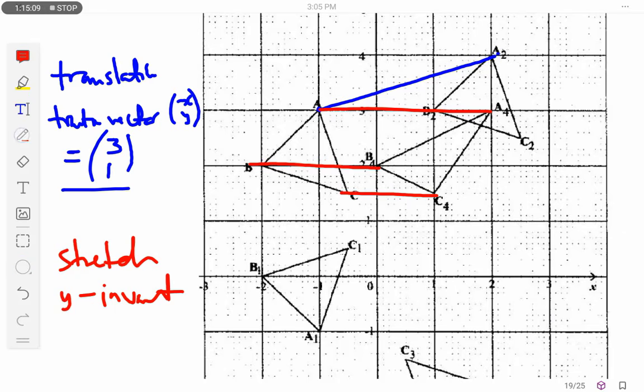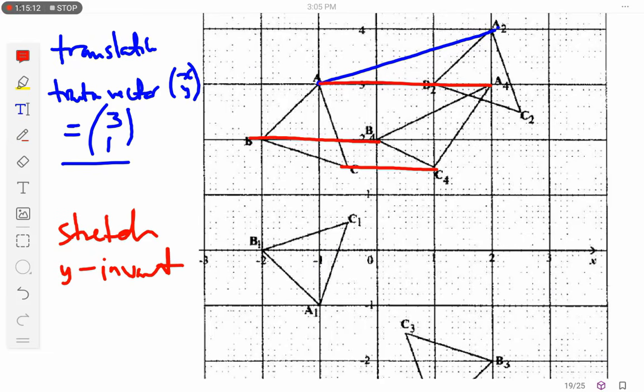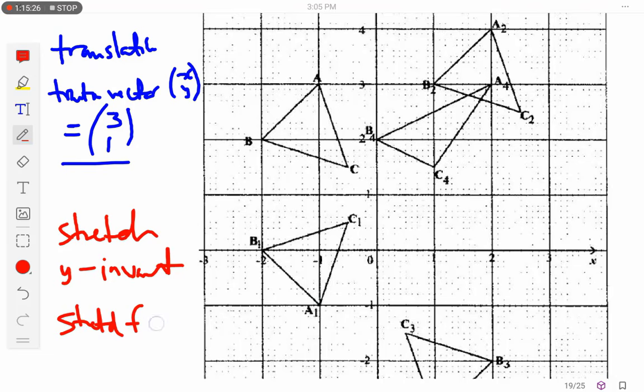To get our stretch factor, let's get a point. Let me rub off this part here. My stretch factor, since we said our y-axis is the invariant, this line here, we are regarding this as our origin, our point of reference.